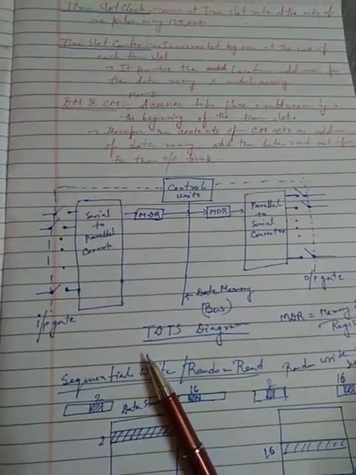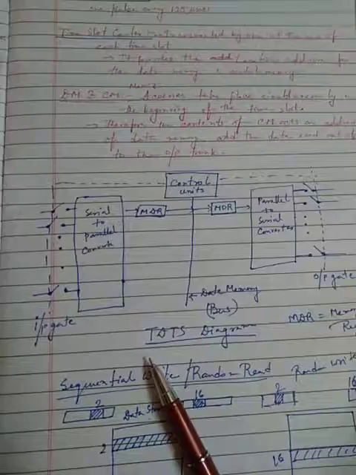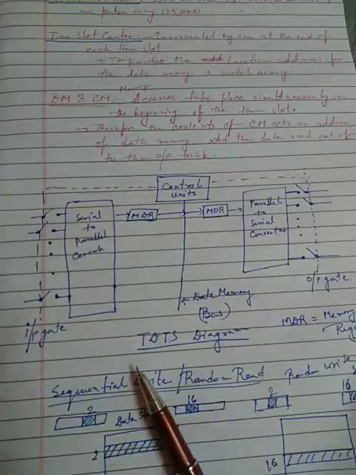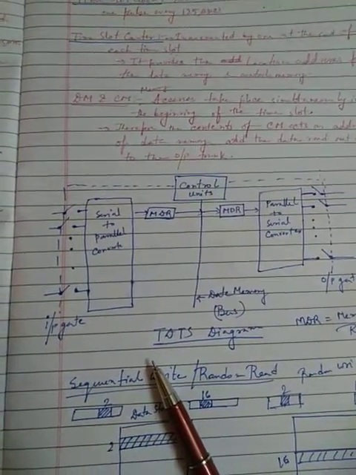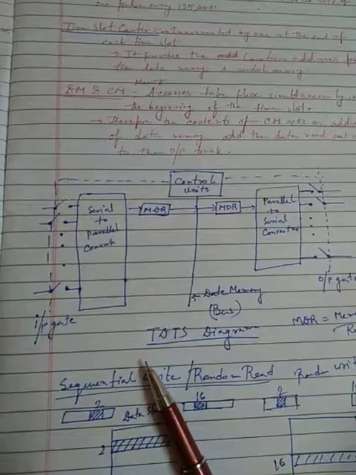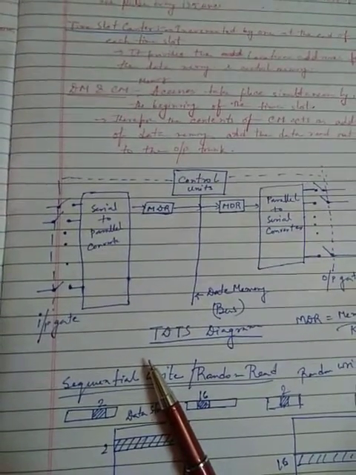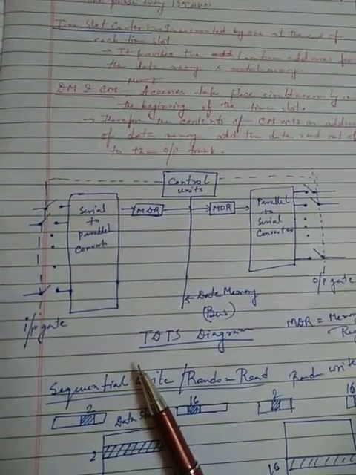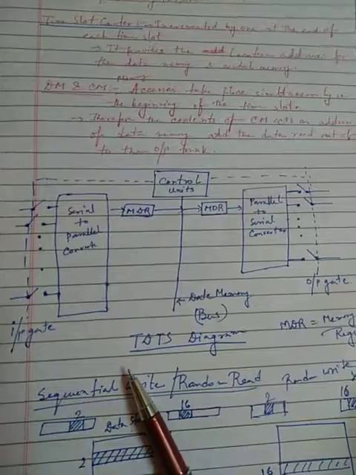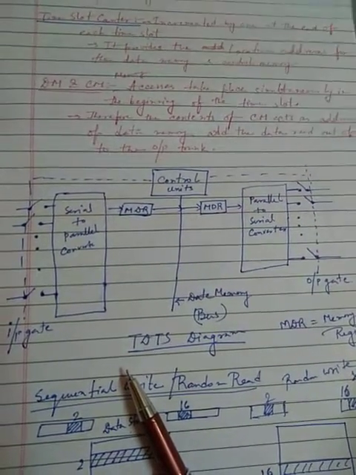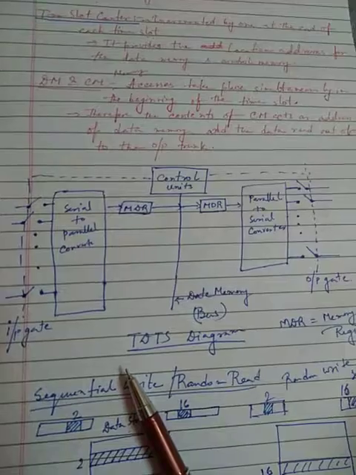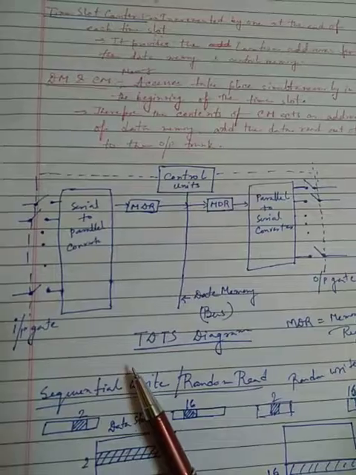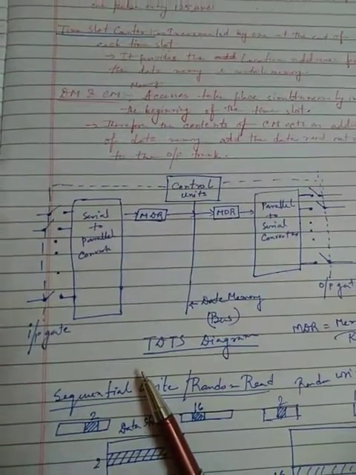Each input gate is closed during one of the 4 time slots, supposing 4 time slots are available, and during the same time slot only one output gate should be closed. This pair of gates, the input and output gates, allows a burst of data to be transferred from one input to a specific output line through the bus. The control unit opens and closes the gates according to the switching need. The time division time switch may be controlled by sequential write random read or random write sequential read, as I have already described.